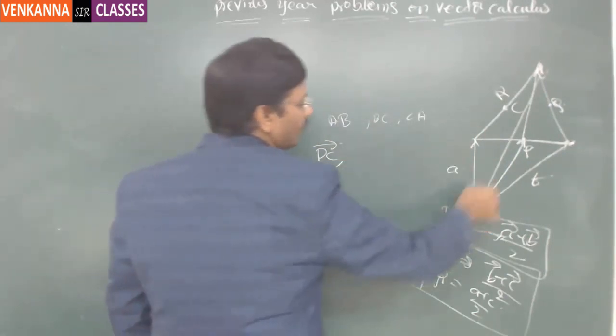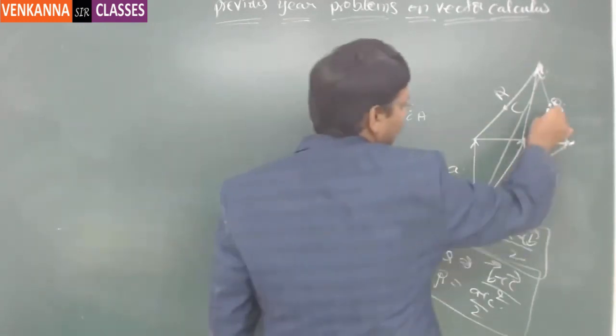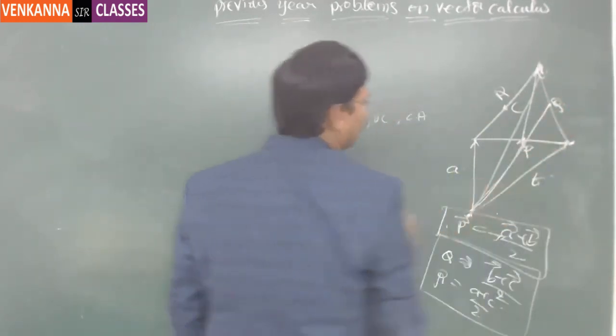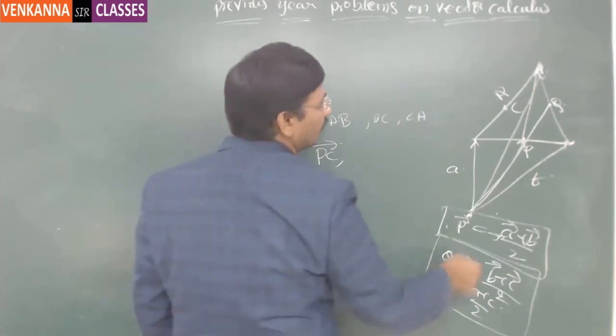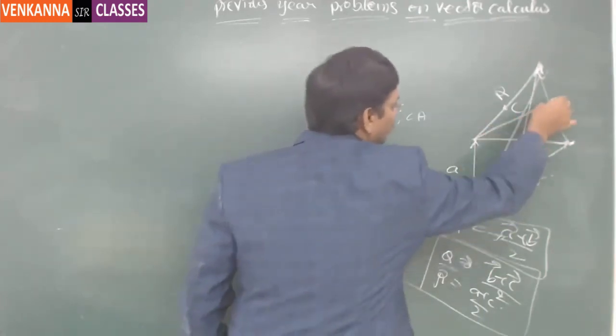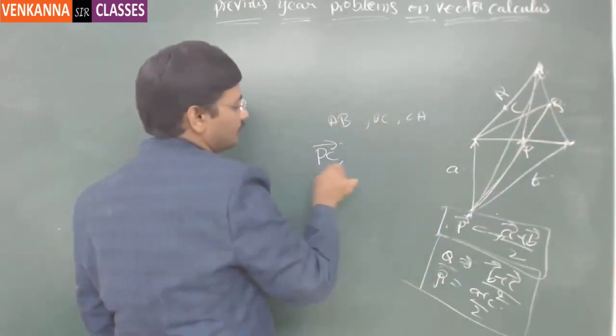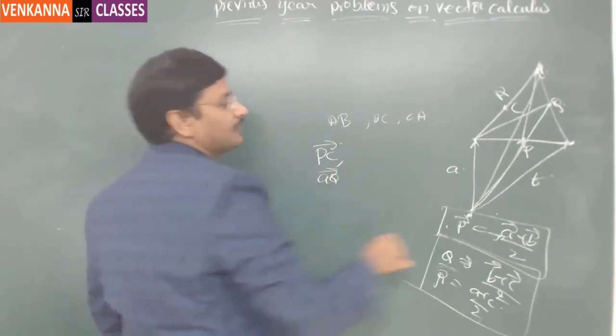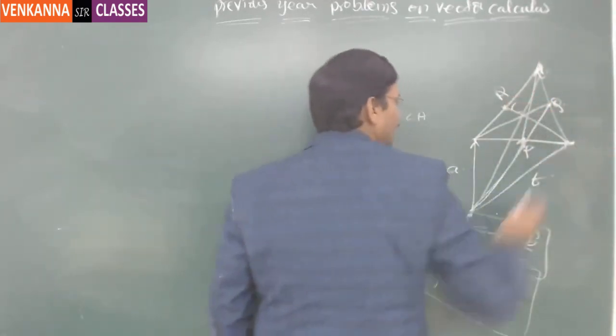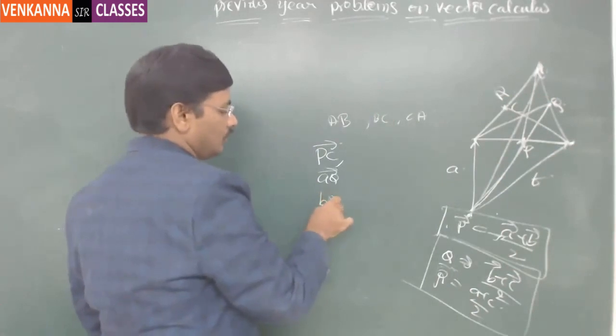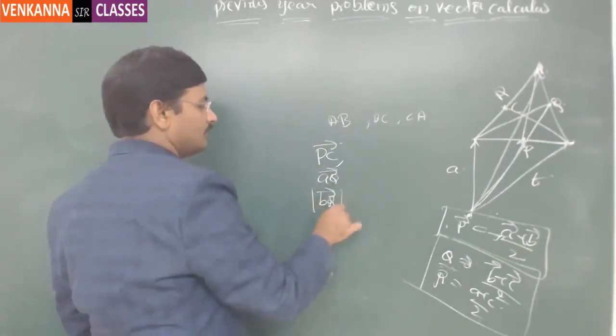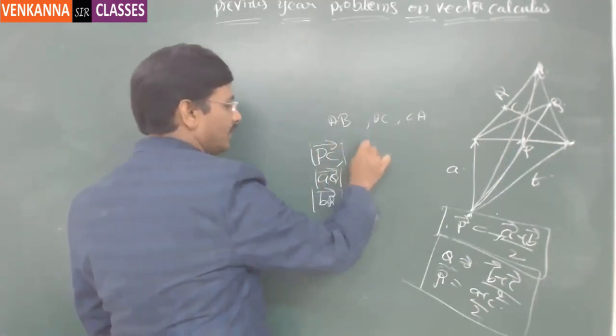Similarly, this is OQ, the Q vector, which we have got. Then if you want to find this median, the AQ vector also you have to find, and for this median, the BR vector you have to find. Now the modulus of these values are nothing but the lengths of the medians.